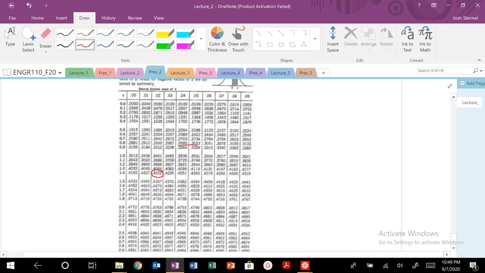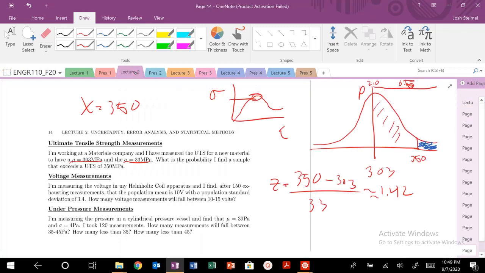So 1.42, about 0.4222. So this area here is going to be 0.5 minus 0.4222, and once I multiply that by 100, that gives me about 7.78%.